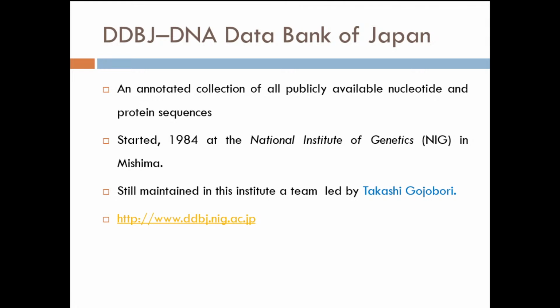Fortunately, if you want to access the DDBJ, you don't have to go for any composite database. The direct URL you may find is ddbj.nig.ac.jp. Directly, if you click on that, the database you will find, right?